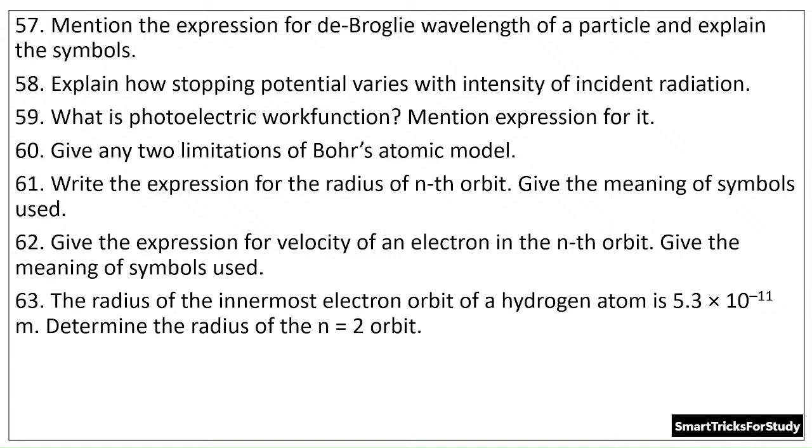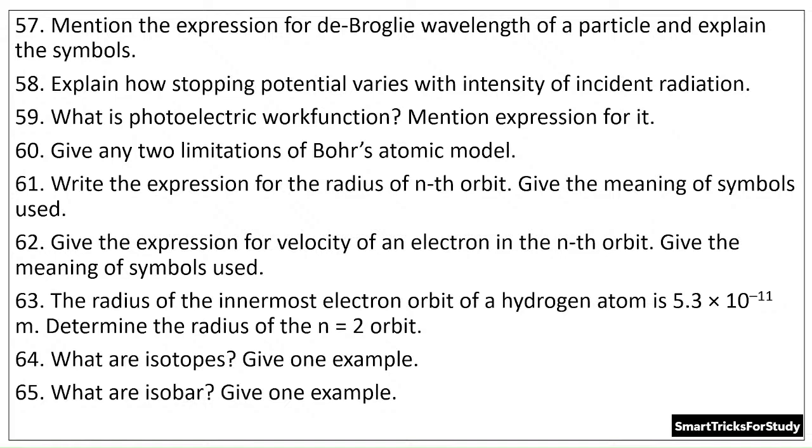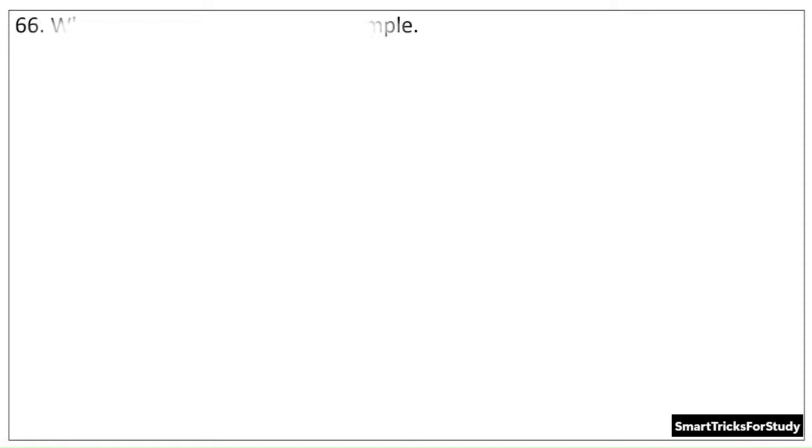63. The radius of the innermost electron orbit of a hydrogen atom is 5.3 into 10 to the power minus 11 meters. Determine the radius of the n equal to orbit. 64. What are isotopes? Give one example. 65. What are isobars? Give one example. 66. What are isotones?